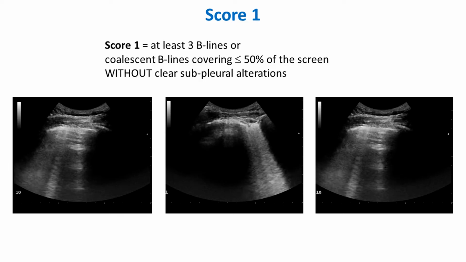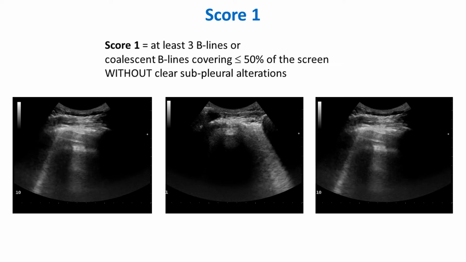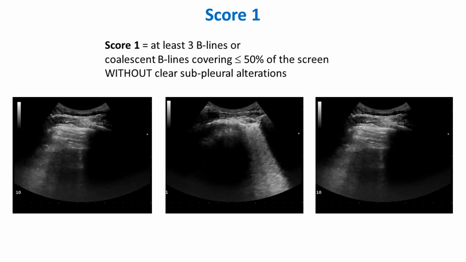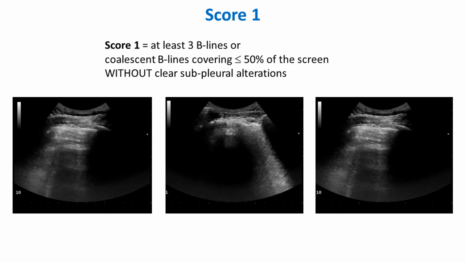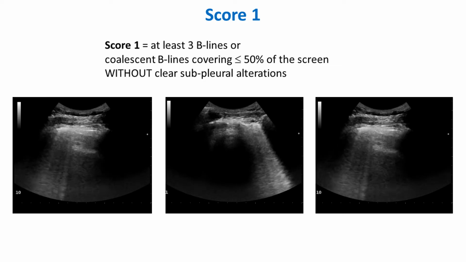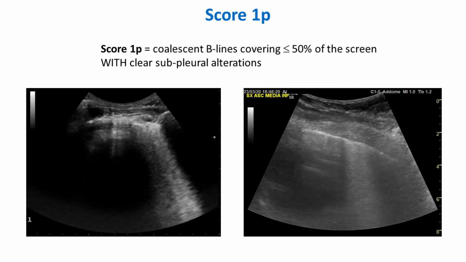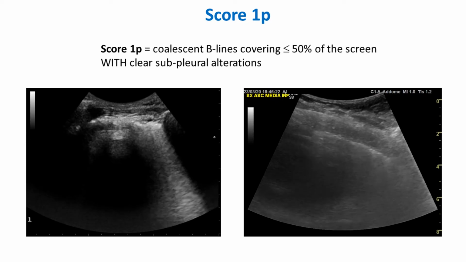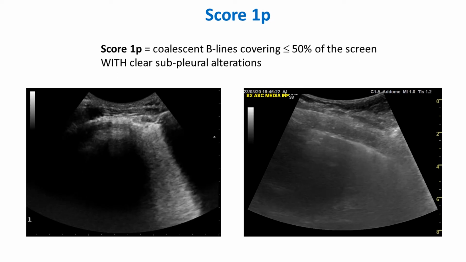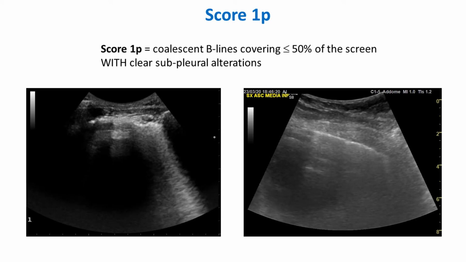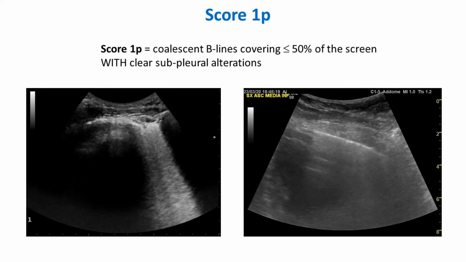We give a score of 1 in the presence of at least 3 B-lines or coalescent B-lines covering less or equal to 50% of the screen without clear subpleural alterations. And we give a score of 1p in presence of coalescent B-lines covering less or equal 50% of the screen with clear subpleural alterations.